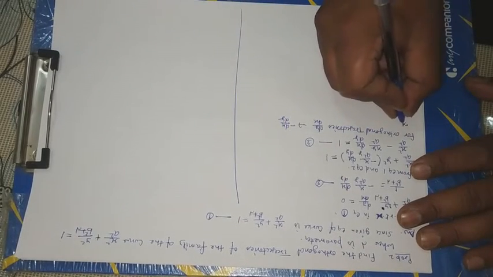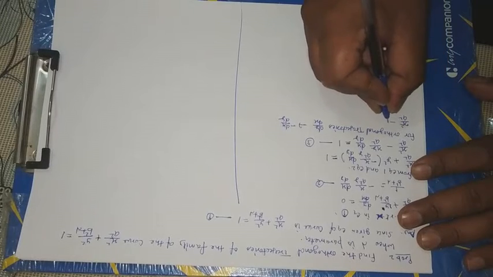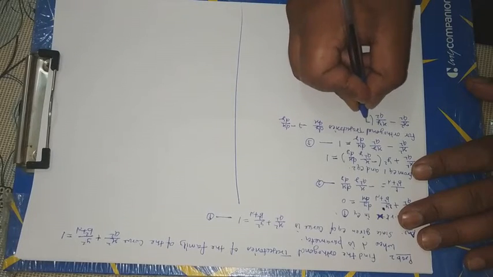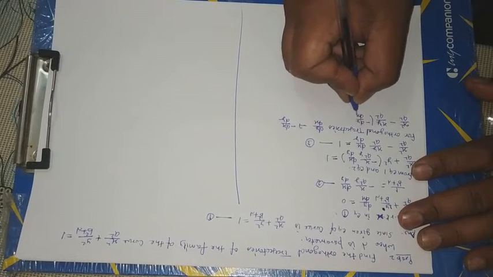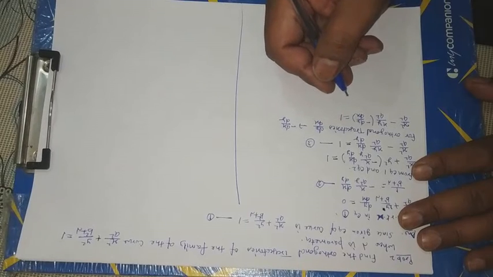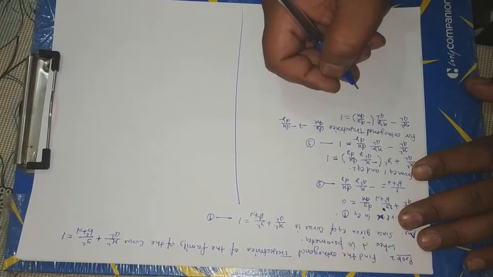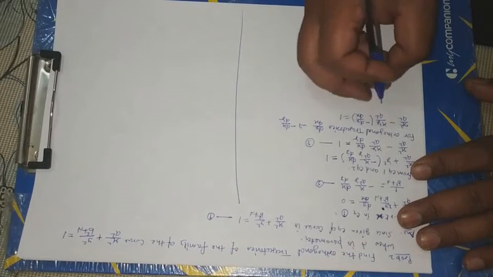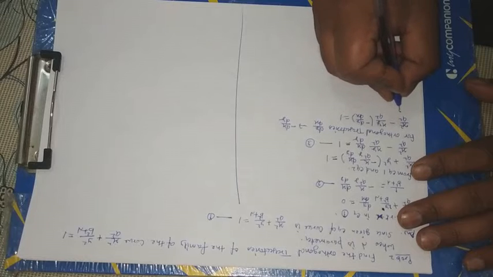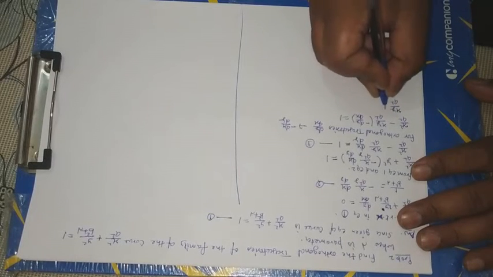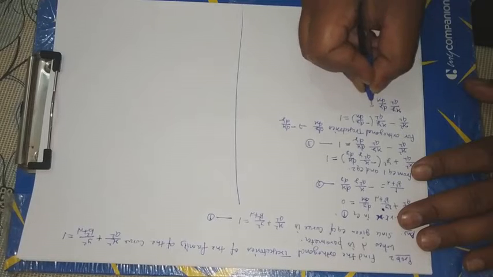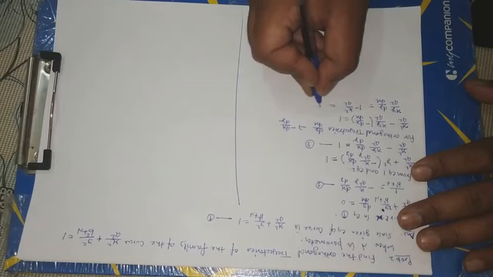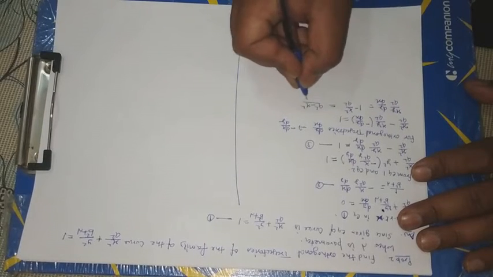That is, x square upon a square minus xy upon a square into minus dy upon dx equal to 1. Now xy upon a square dy dx is equal to 1 minus x square upon a square, that is, a square minus x square upon a square.